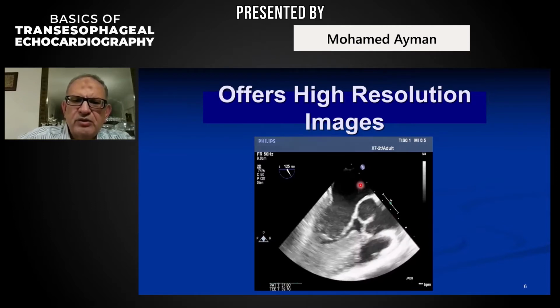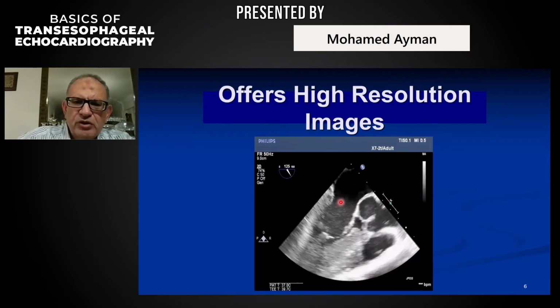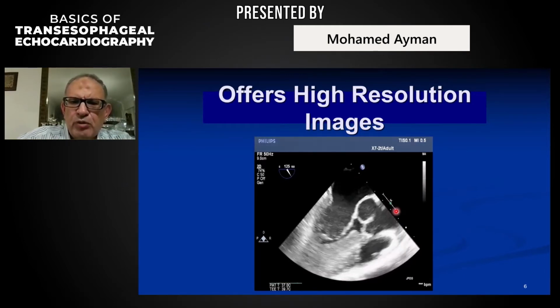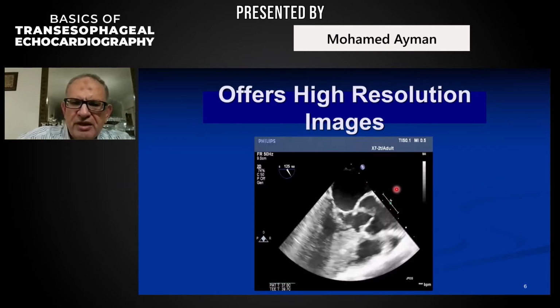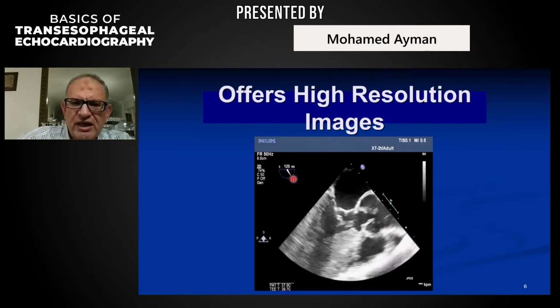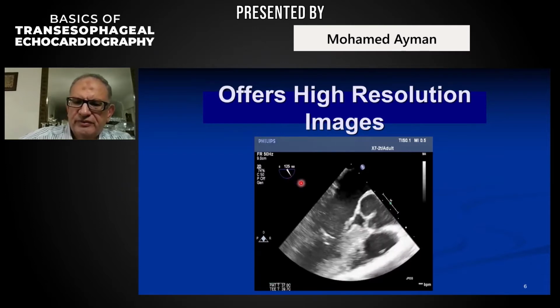We call this view the left ventricular inflow-outflow, and we obtain this view by putting the probe in the mid-esophagus and increasing the angle of the ultrasound to around 120 degrees.